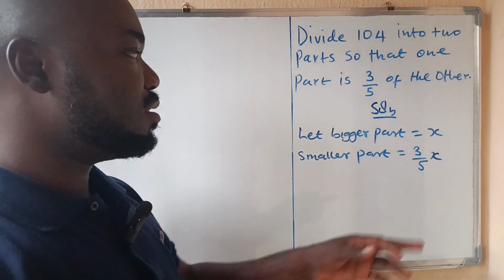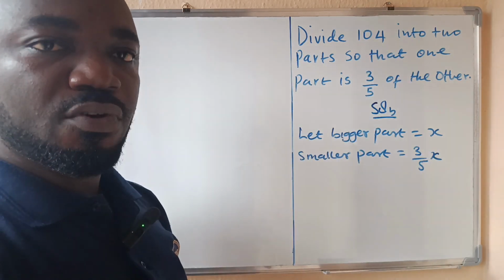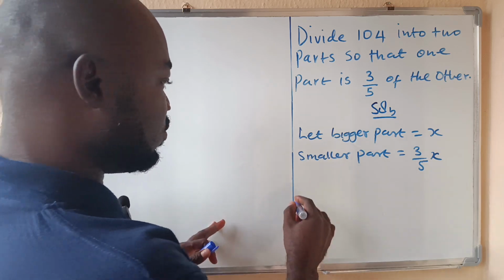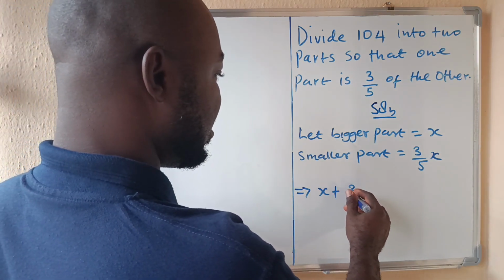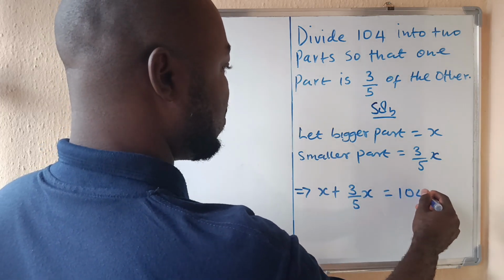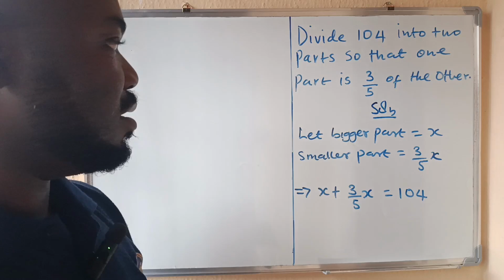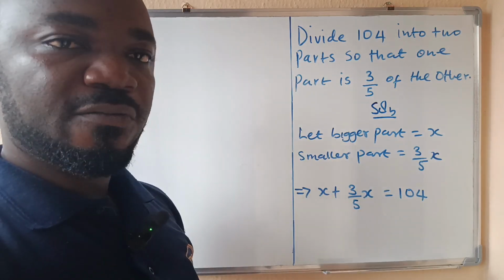Now, the truth is, if we sum the two together, the result will give us 104, which implies that x plus 3/5x will give us 104, because the bigger part and the fractional part summed together gives us 104.